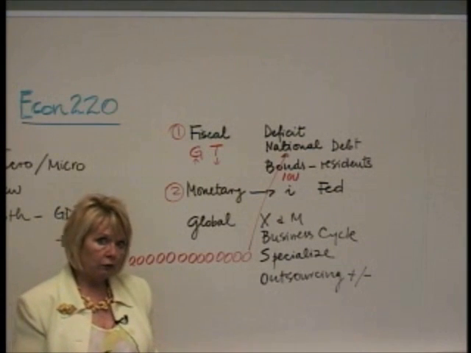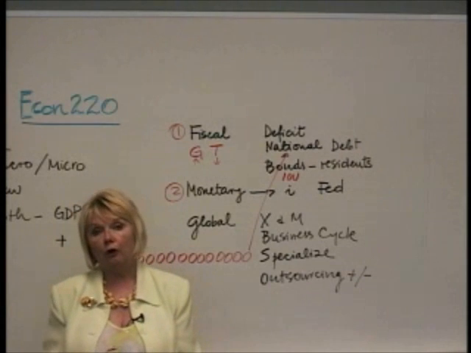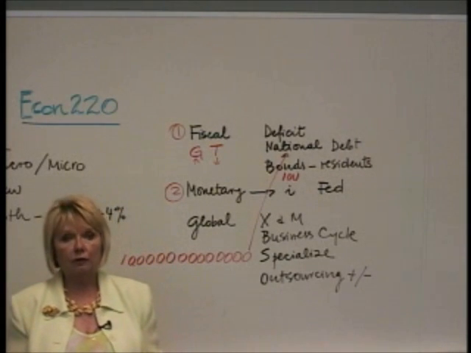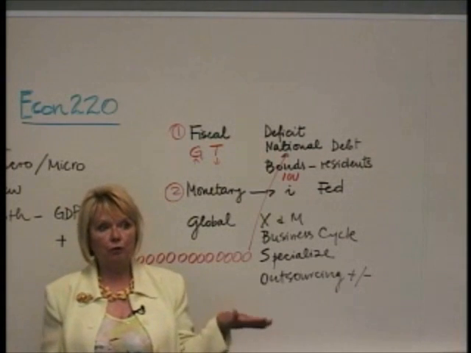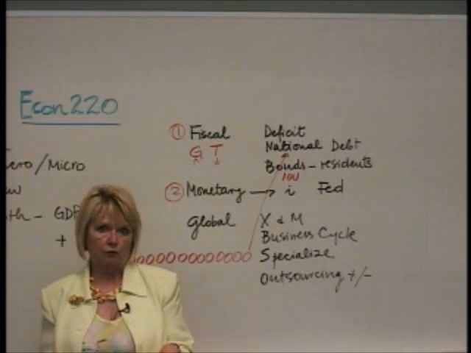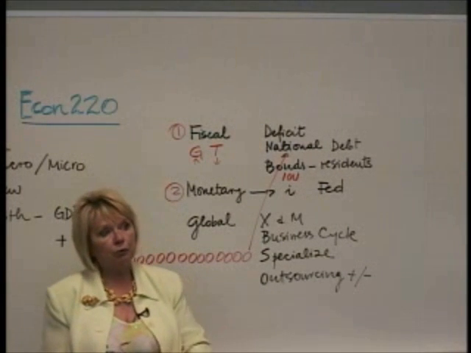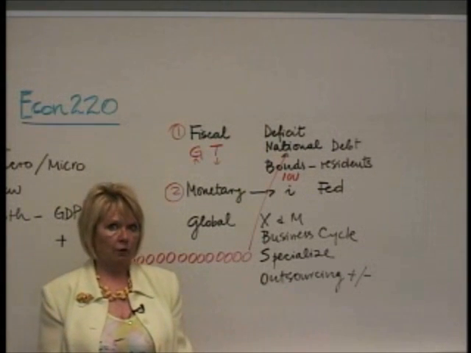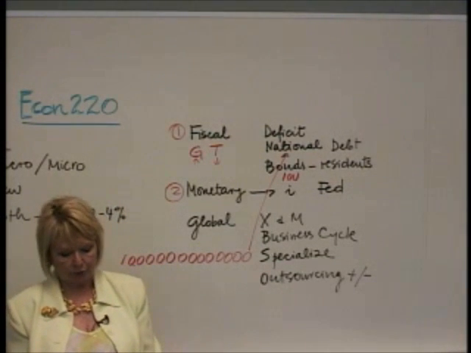Well, we need to distinguish here between short run and long run. In the short run, yes, indeed, some jobs are going to be lost, but then the workers that were producing those goods may have to be retrained and moved to a different industry where we are better at producing, more competitive at producing.